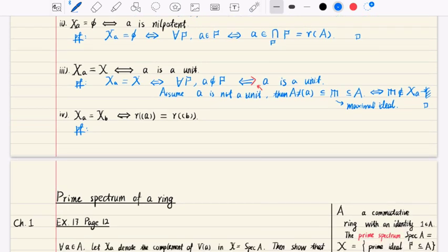To prove this, we can directly use our Euler-Steiner test for the prime spectrum, which is very direct.